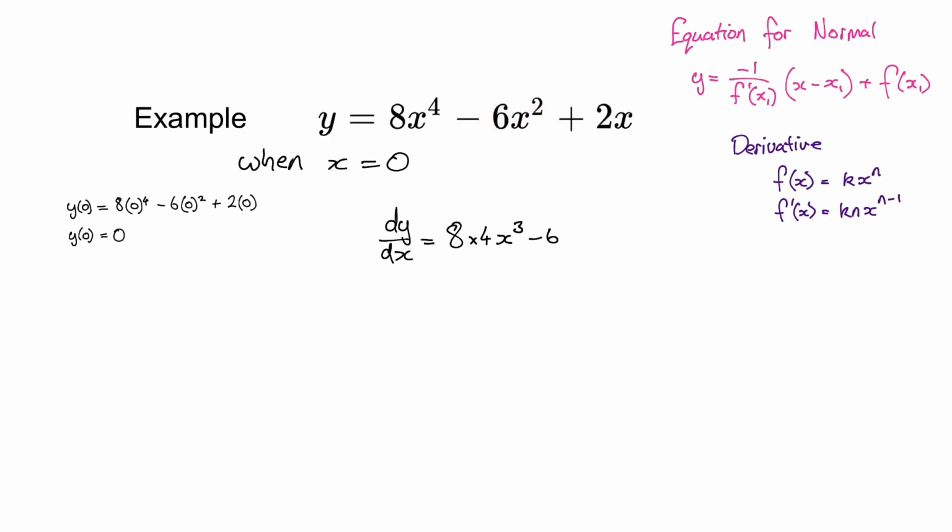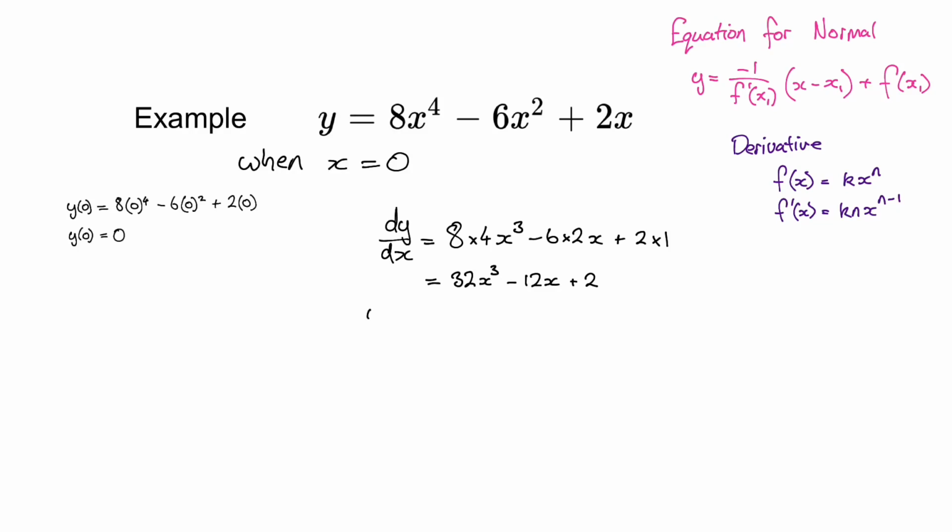Our 2 comes down, so that's going to be times by 2. X, 2 minus 1 is going to be 1, so we just leave that as an x. Plus, our 2 remains. The 1 comes down, so we'll end up with times 1. And our x to the 1 minus 1 is going to be equal to 0, which is just going to be 1, so that remains. So that gives us our derivative of 32x cubed minus 12x plus 2.